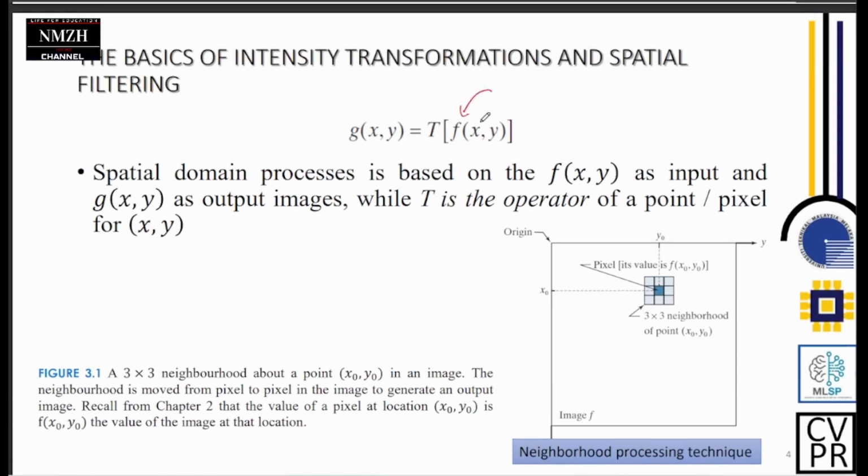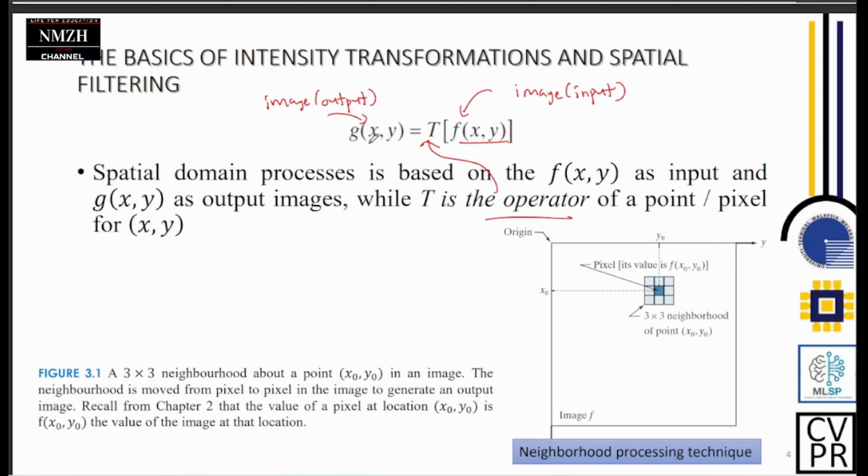All right, so again, this was covered in the last chapter. f(x, y) is the image as the input, while g is also an image, the output. T is the operator, which depends on how we do the operation on that particular image, for example additions, summation, and so on.